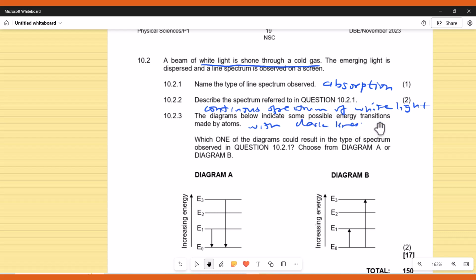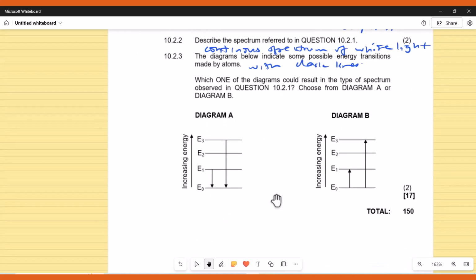Now they say the diagram below indicates some possible energy transitions made by atoms. Which one of the diagrams could result in the type of spectrum observed in question 10.2.1? Choose from diagram A or diagram B. In diagram A, we are falling from E1 to E0, and E3 to E0. This is emission because we are decreasing the energy.